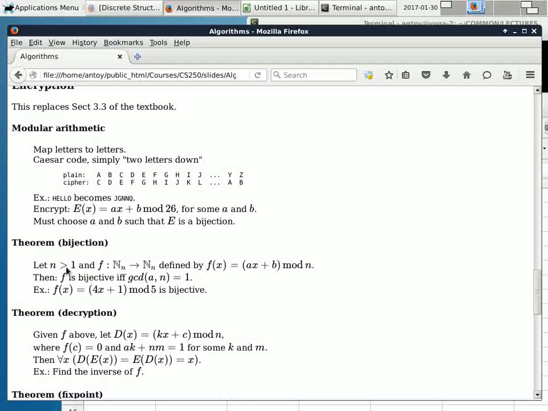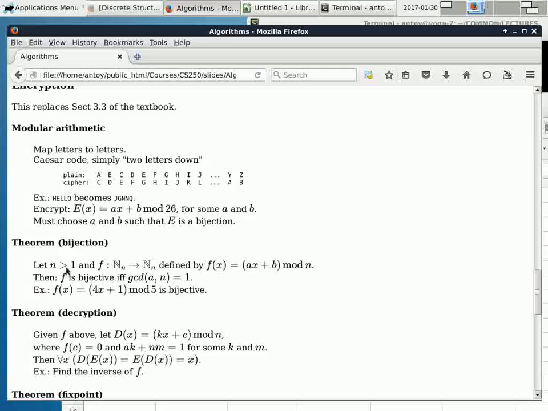Alright, so now we know how to encrypt. This has to be a bijection, because otherwise we cannot decrypt. To be a bijection, we need that A and N are co-prime. The greatest common divisor is 1. So how do we decrypt?